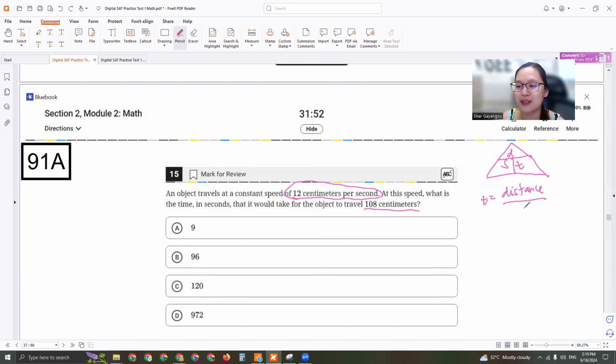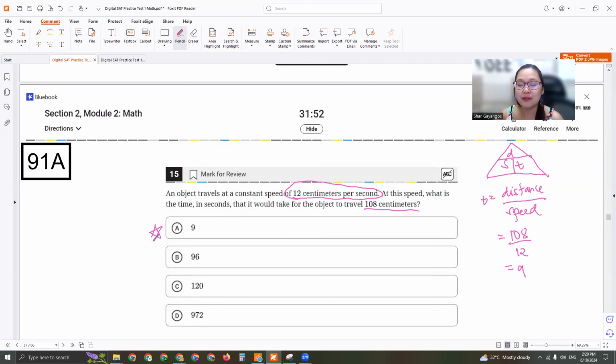Okay, I wrote the values already. And we have 108 over 12, which gives us 9. And I'm also telling you that although there is a calculator available, it really helps if you've honed your arithmetic skill at this point because it gives you an edge, right?